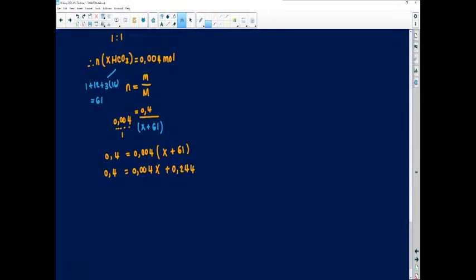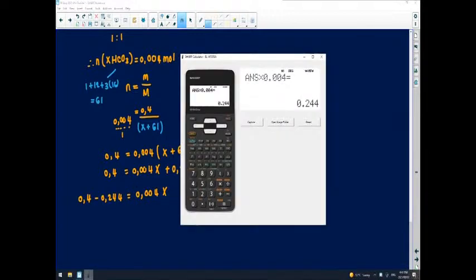I'm going to take all of this, take it to the other side, 0,4. If a number jumps the equation sign, it becomes a negative. I think maths teachers will kill me if I said jumps. Like, numbers don't really jump, but it is a rule of thumb that we use. Therefore, I'm going to have 0,4, and I'm going to subtract the 0,244. And I end up with this number over here.